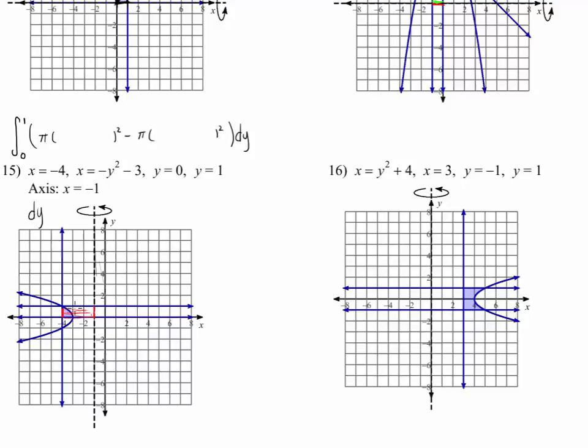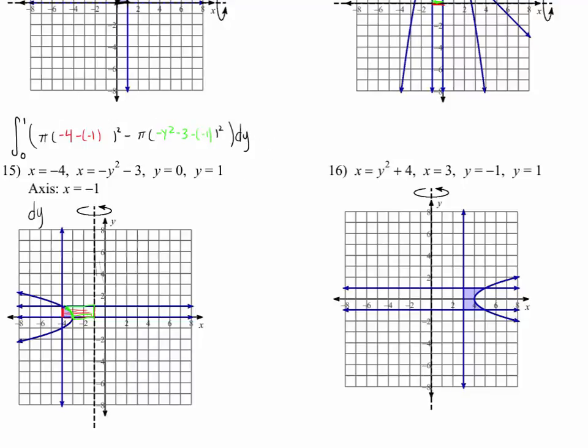So my outside equation is negative 4 minus my axis of rotation, which is negative 1. My inside, I don't want this white piece right here, which is bounded by the quadratic on the top. So negative y squared minus 3, subtract my axis of rotation, which is negative 1. And there's our equation.